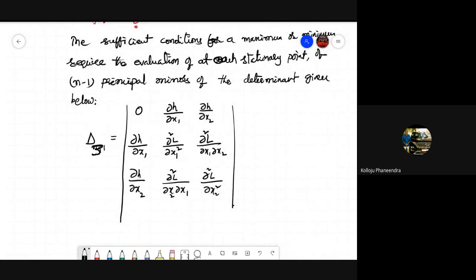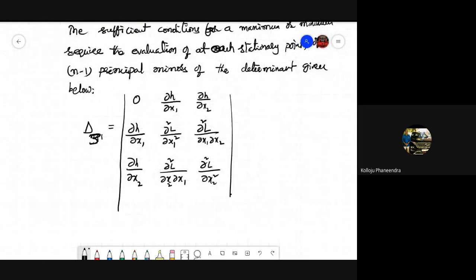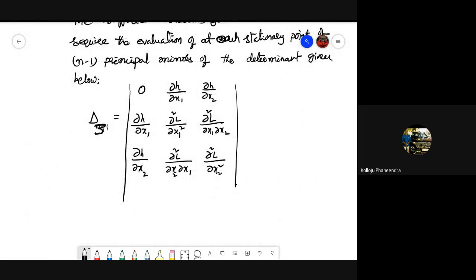And for that stationary point, instead of this one, you can find in another way also. What is the simple one? If a single constraint is there, just find by the Hessian matrix technique. That's better. It's always better. Let me tell you that also.